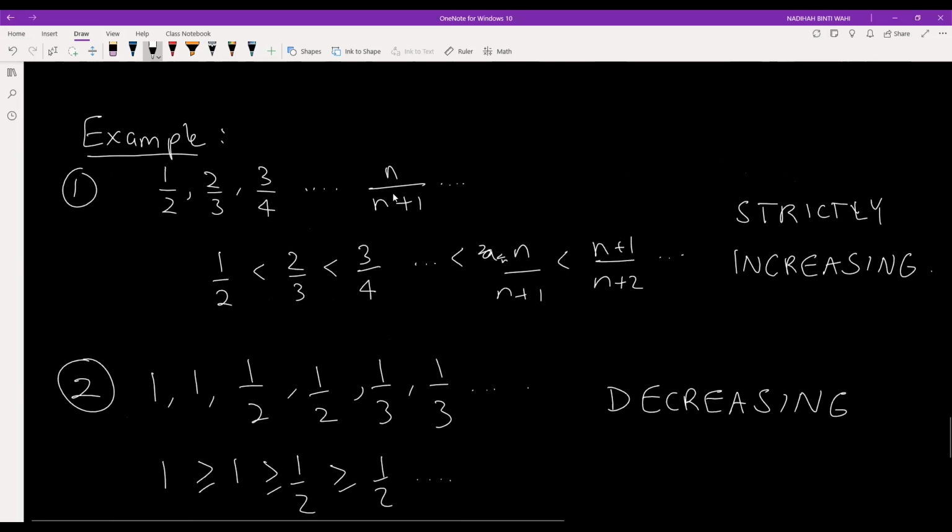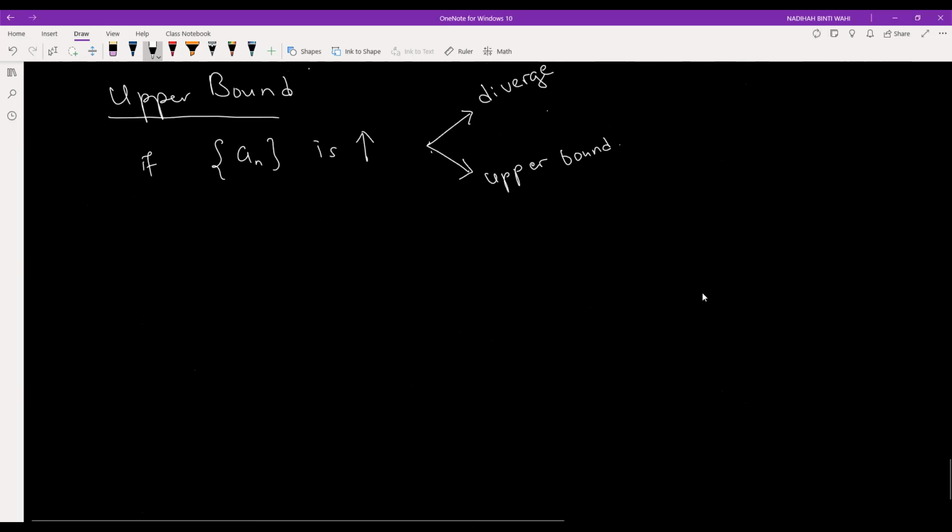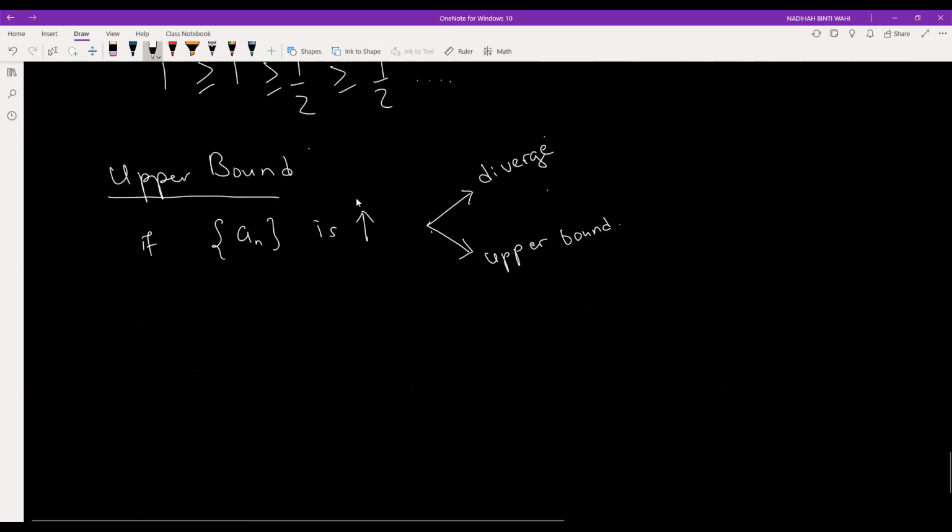If you take the limit as n goes to infinity, it will go to a single value only. So if the sequence is increasing, you have two types. Is it going to diverge? Or is it going to go to some limit, which is called the upper bound? So what is the definition of the upper bound?